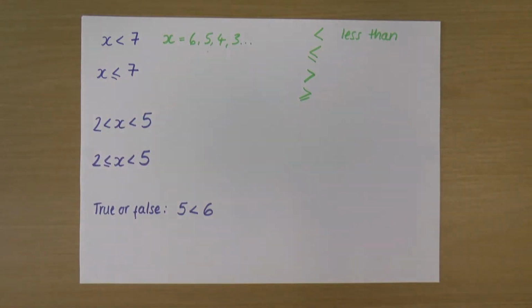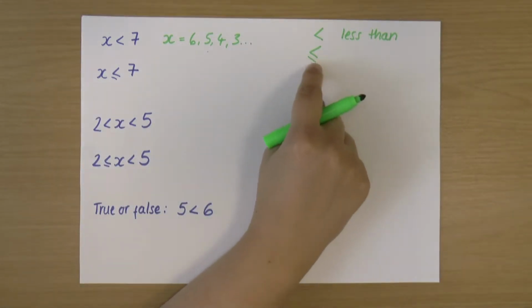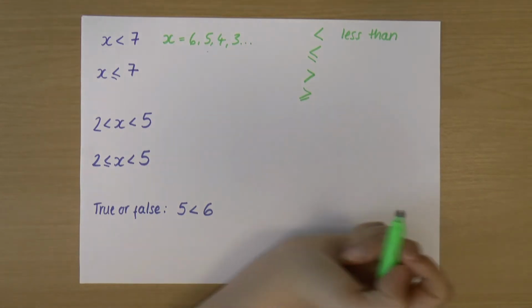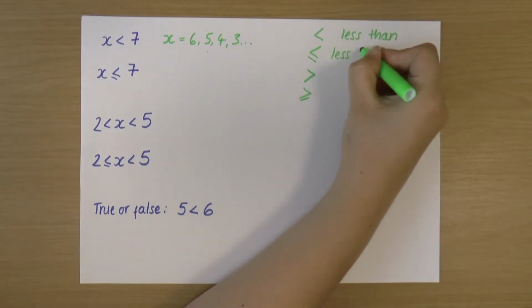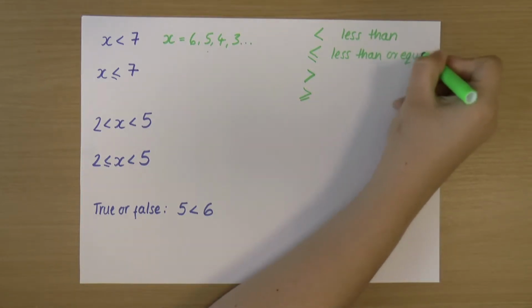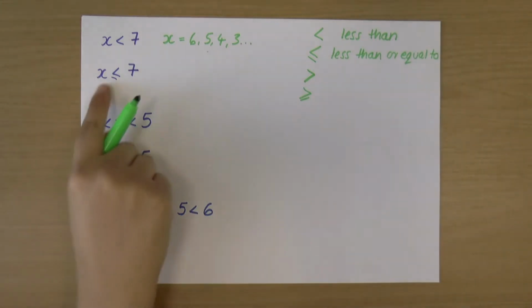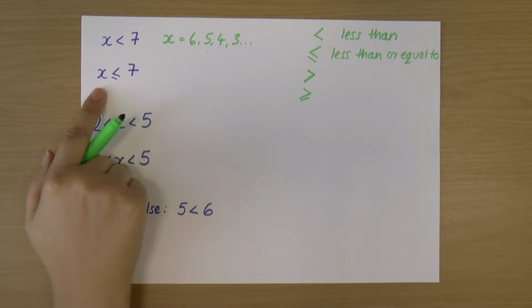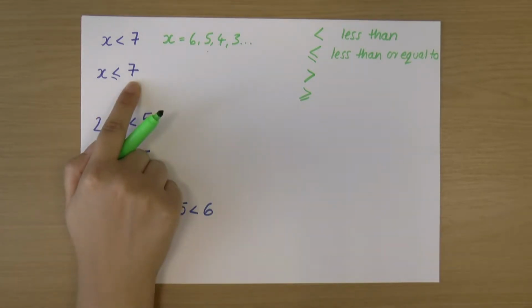Now the second symbol down, you can see looks a little different. So we've got this extra line here, and that's because this means less than or equal to. So this is saying x is less than or equal to 7.